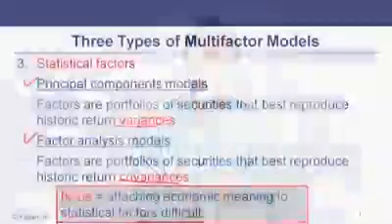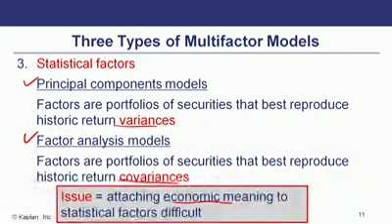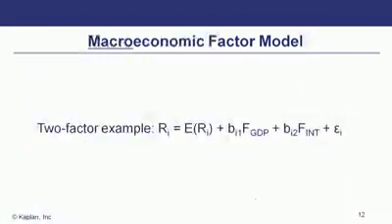So we know what a statistical factor model is, but attaching any economic meaning to the factors is either difficult or impossible, so I don't think there's a whole lot to say about this, and I don't think it's particularly testable in a multiple choice framework.